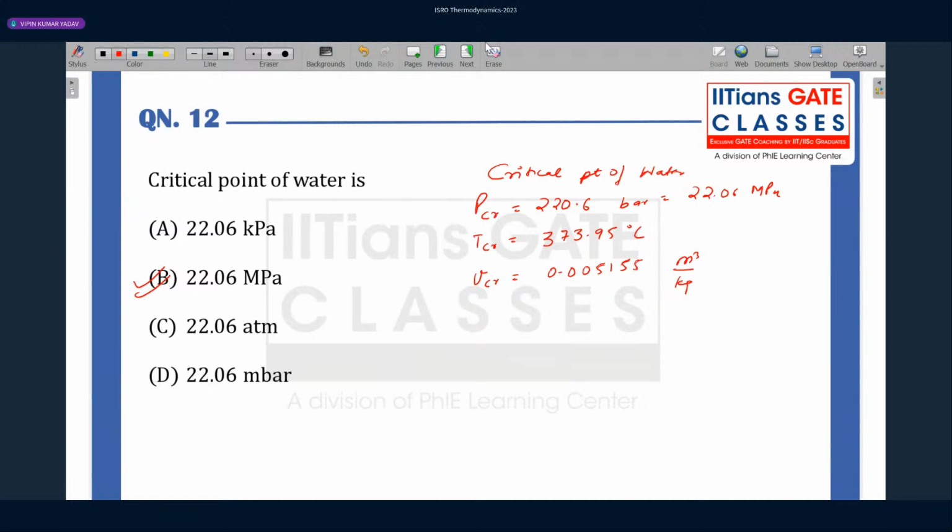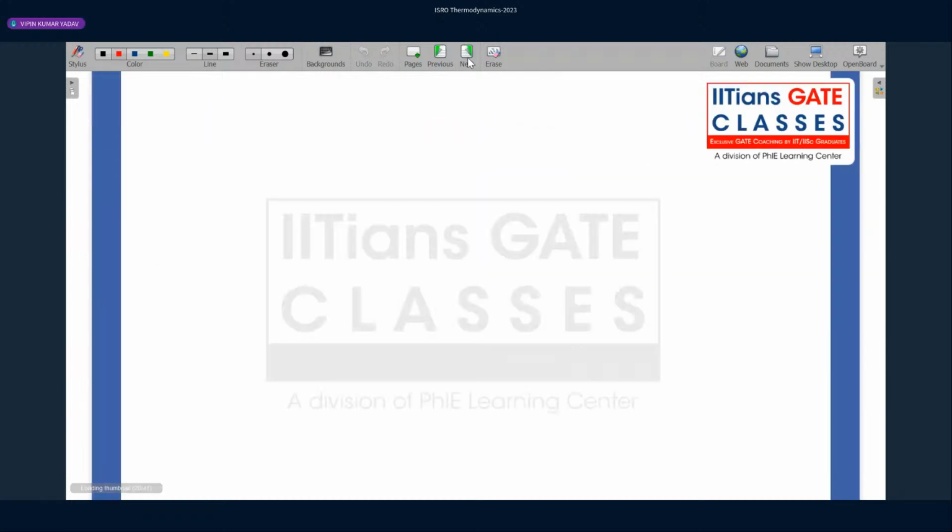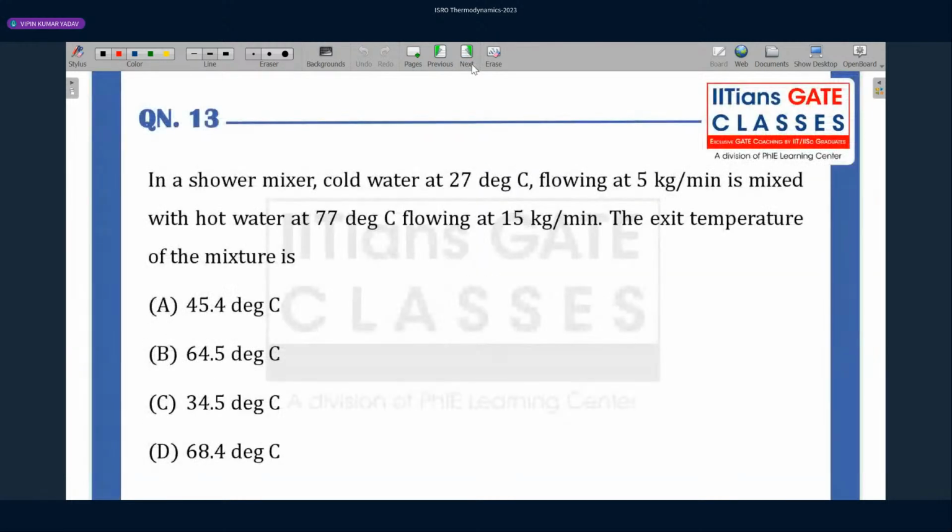Okay. Chalo. How about this question? In a shower mixture, cold water and hot water are coming in. Cold water is coming at a mass flow rate of 5 kg per minute and temperature 27 degrees Celsius, which means 300 Kelvin.